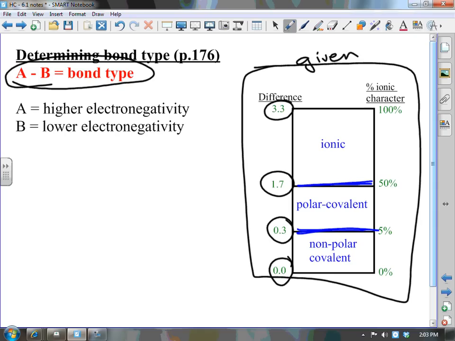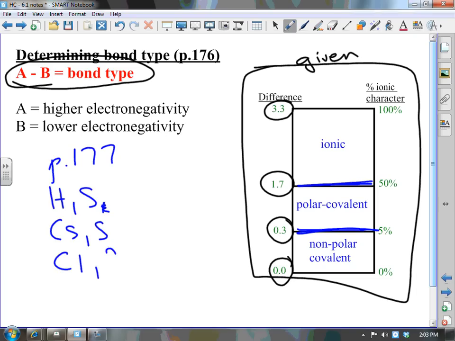If you look on page 177, they have a couple of sample problems. They look at hydrogen and sulfur, cesium and sulfur, and chlorine and sulfur. You can look in the middle of that page. They look up the two electronegativities, subtract to get the difference, and then look on the chart to identify what type of bond it is.